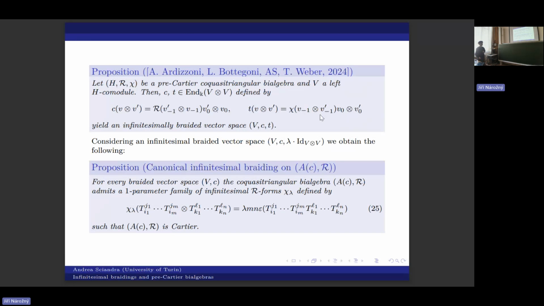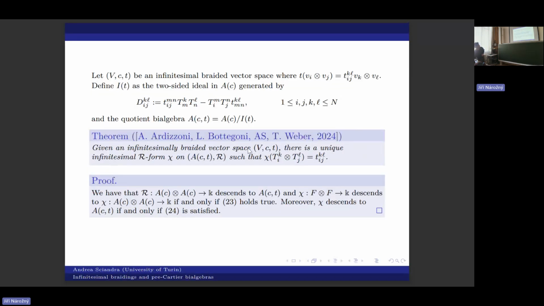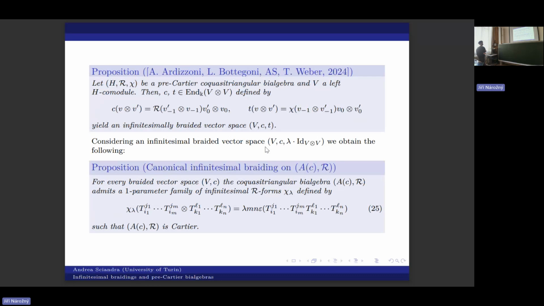So if we start with the pre-Cartier quasi-triangular bialgebra, we are able to define an infinitesimal embedded vector space using R and chi. Moreover, as a special case of the previous theorem, which says that if we start with an infinitesimal embedded vector space there is a unique form on this quotient: now we know that any braided vector space is an infinitesimal braided vector space with the identity, just with the scalar. So we can consider this case where we start with an arbitrary braided vector space.